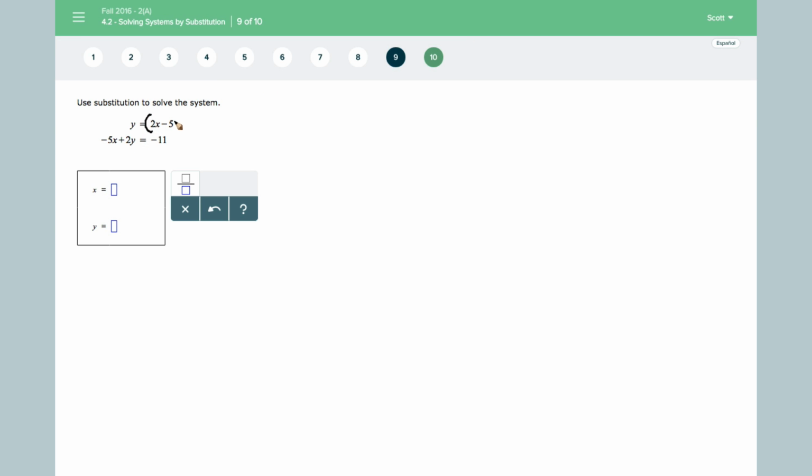Here's my y. So that's what I'm going to plug in right there for y. I have negative 5x plus 2 times y, always in parentheses, equals negative 11. What is y? Y is 2x minus 5, excuse me. Next step is always distribute if you need to.